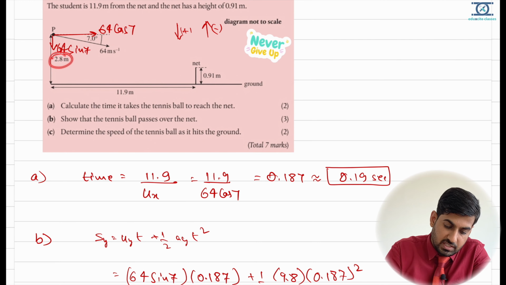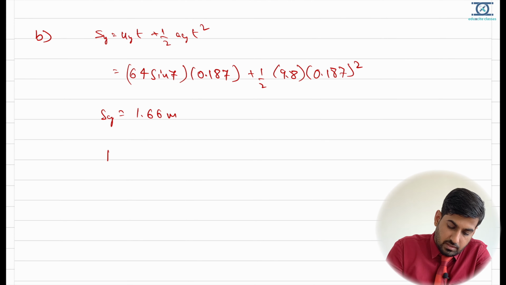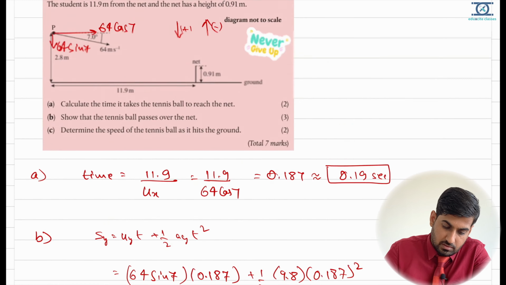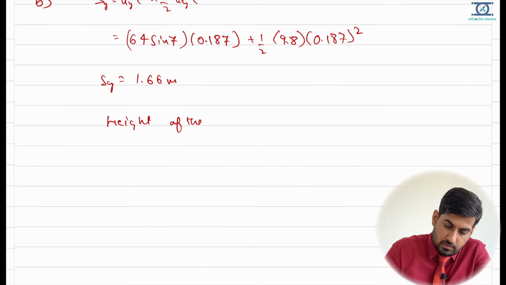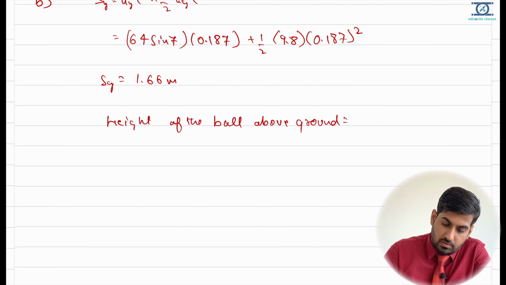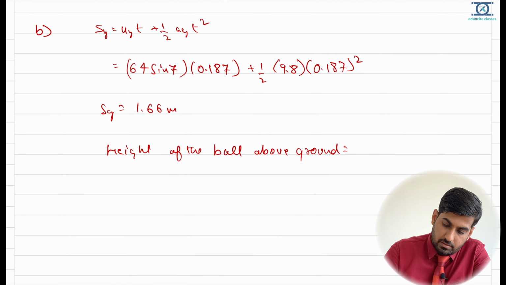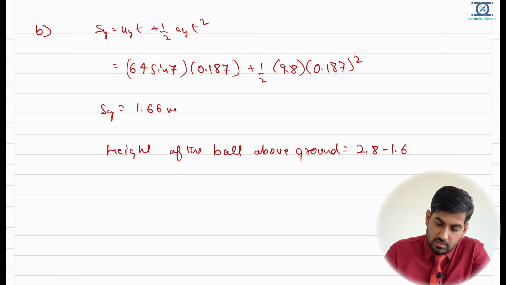So the height of the ball above ground is equal to 2.8 minus 1.66, which is 1.1 meter.